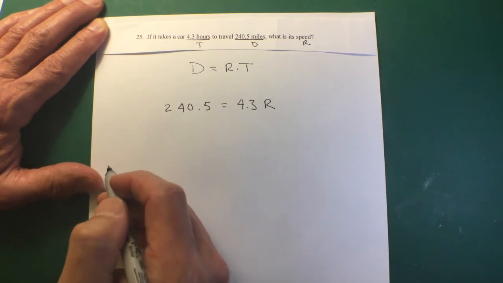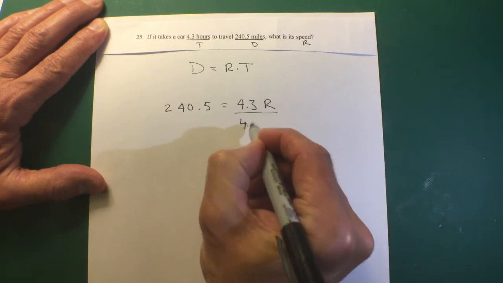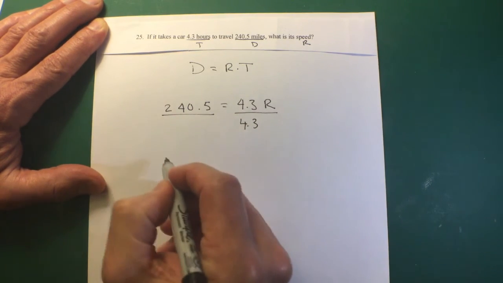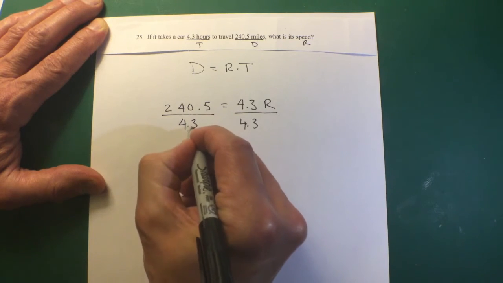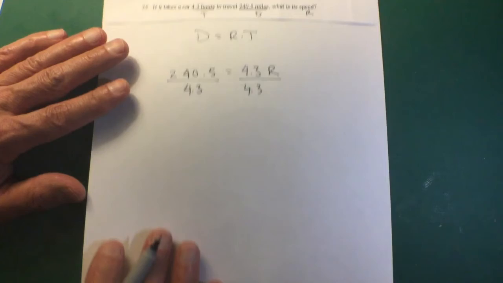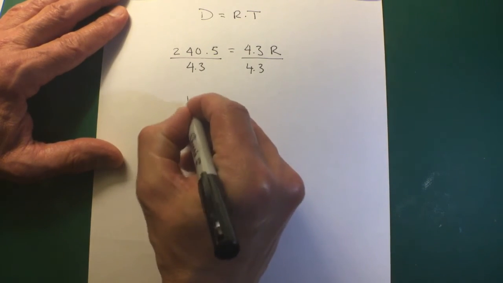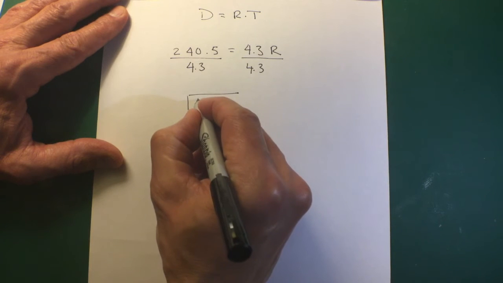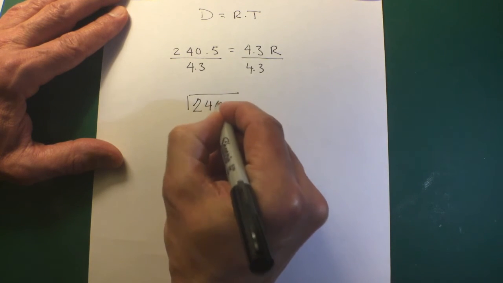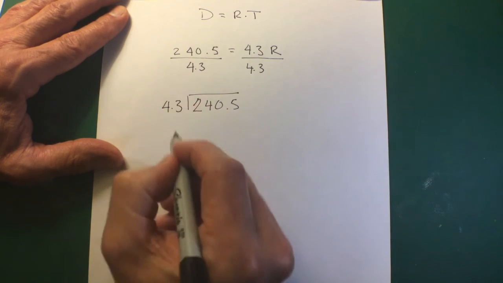All right, so we want to get our R by itself. So to do that, we're going to divide by 4.3 on this side of the equation and 4.3 on this side of the equation. All right, so let's go ahead and do that. So we have 240.5 divided by 4.3.